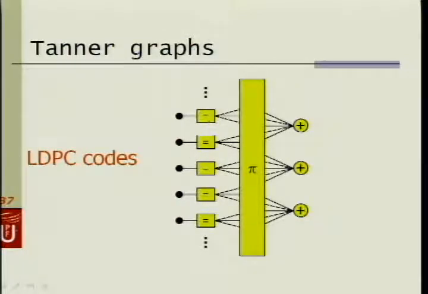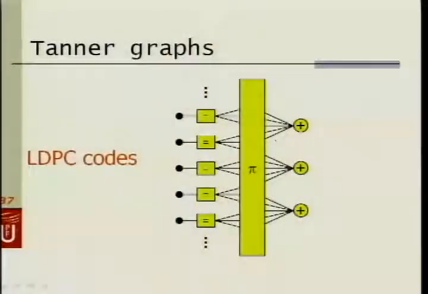The symbols are broadcast by a repetition node to this block pi, a permutation or an interleaver. And at the output of the interleaver, we collect the symbols and we send them to a parity check node. So this is the structure of a low-density parity check code.